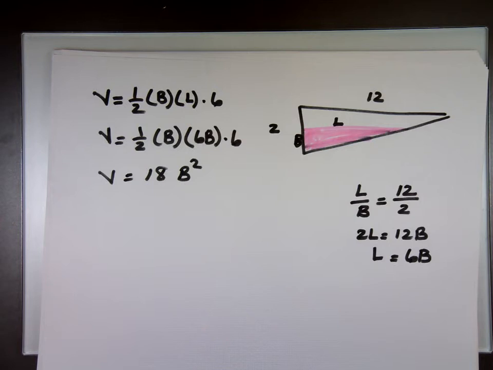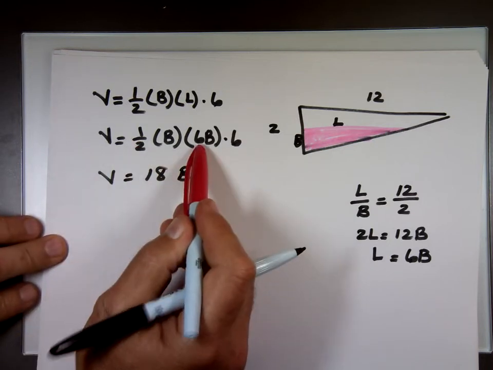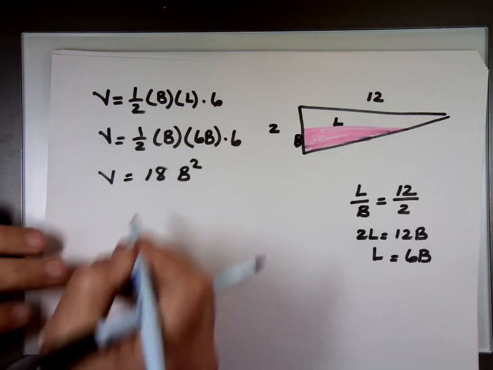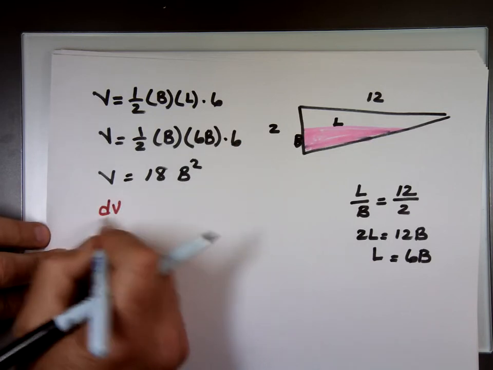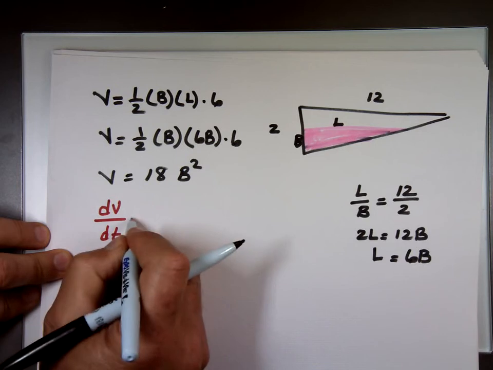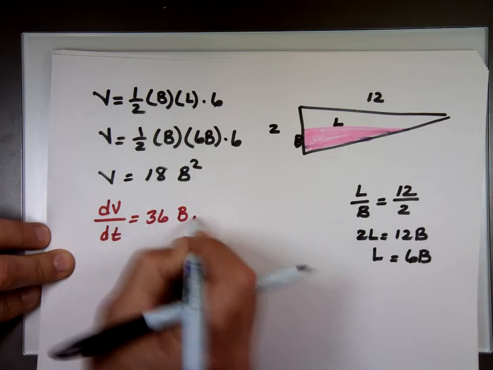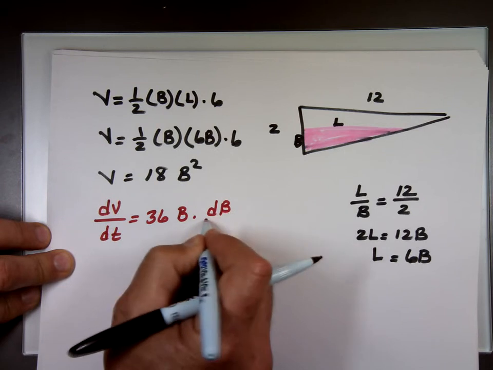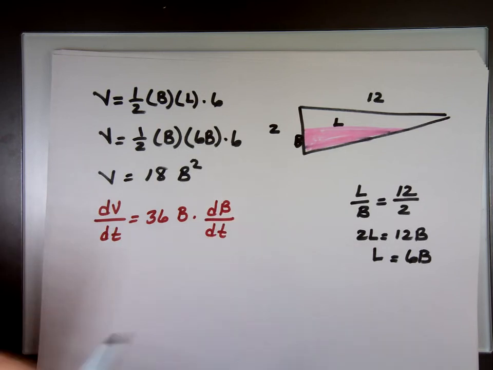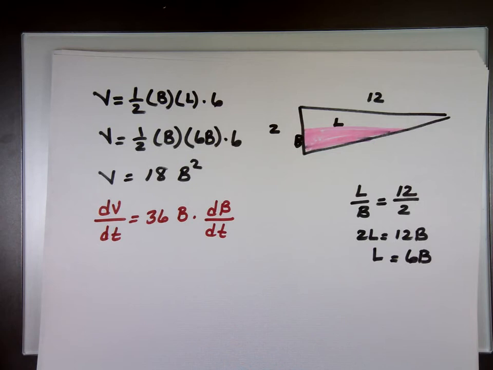Where'd you get 3 times 6? 1/2 times 6. Oh, right. 3 times the 6. The derivative of that, 2 times 18, 36B times what? dB dt. The question is how fast the water level is rising.